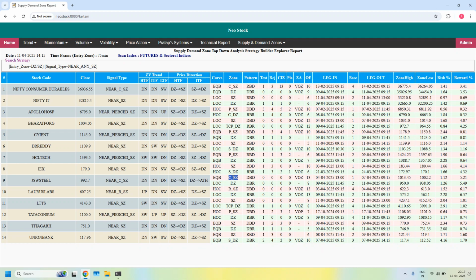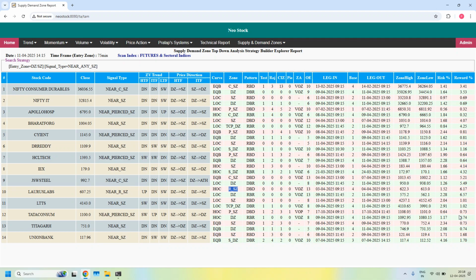JSW Steel is having a 75 minutes high liquidity supply zone. Laurus Labs is having a 75 minutes high liquidity supply zone. That's it. We identified 2 75 minutes high liquidity supply zones.